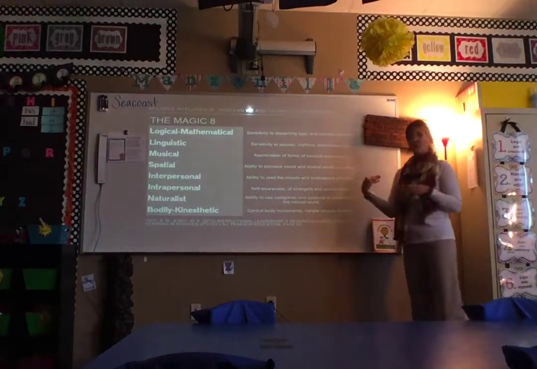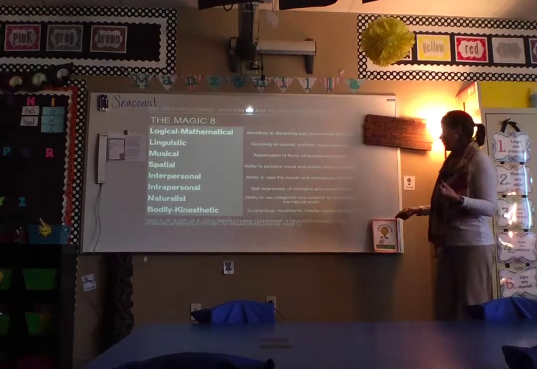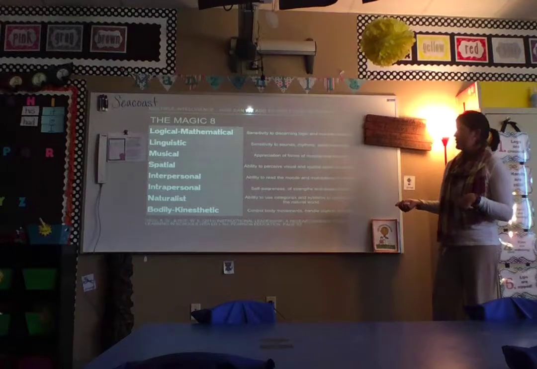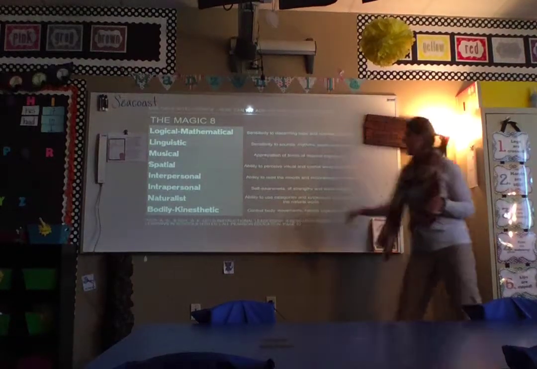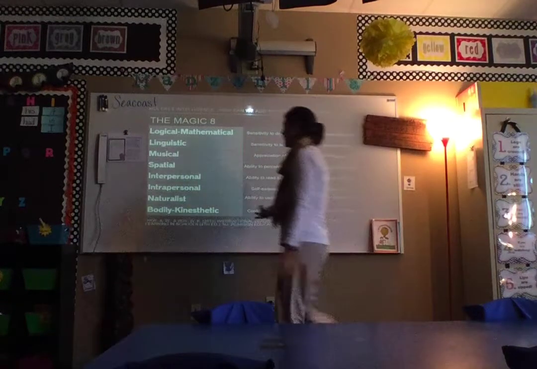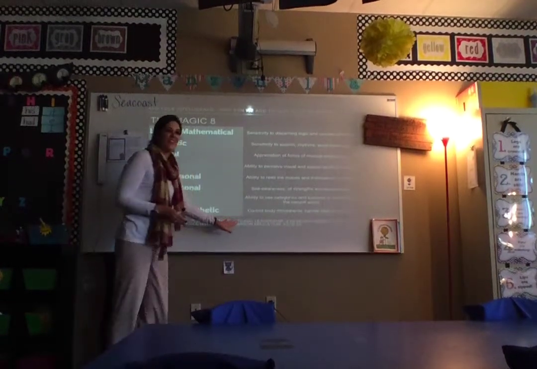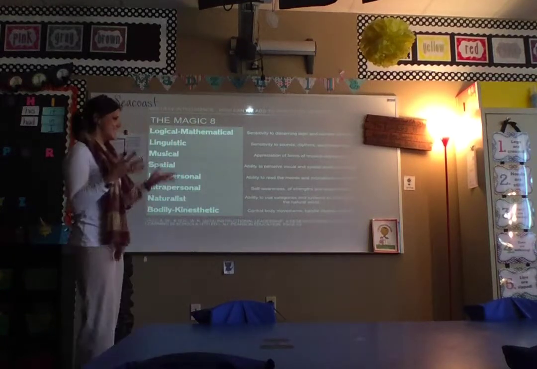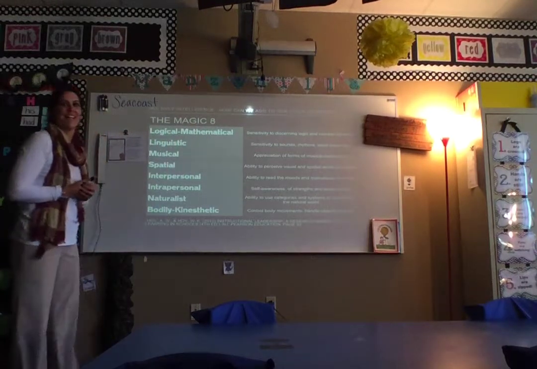That's they can control their body movements and handle objects skillfully, which means they're kindergartners, so every single one of them needs help in that. But we love them anyways. But some of them are better than others, so I'm assuming that those are the kinesthetic learners because they're better at it. Just I'm telling myself.